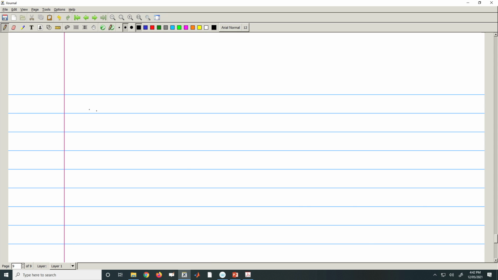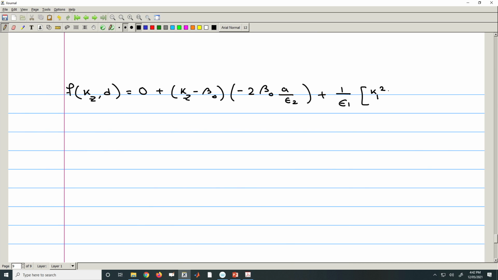We will get f(kz, d): the first term was 0, plus (kz minus beta naught) multiplied by minus 2 beta naught a upon epsilon 2, plus 1 upon epsilon 1 times (k1 square minus k2 square) multiplied by d.